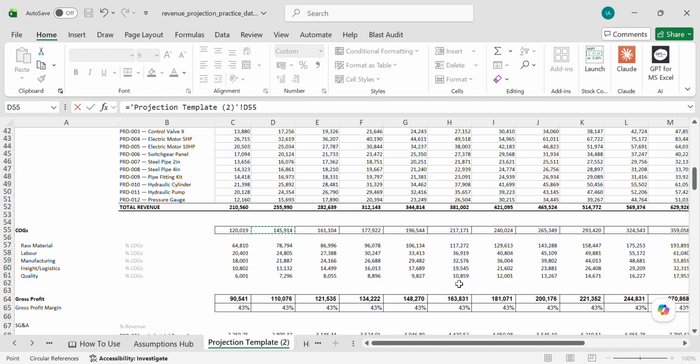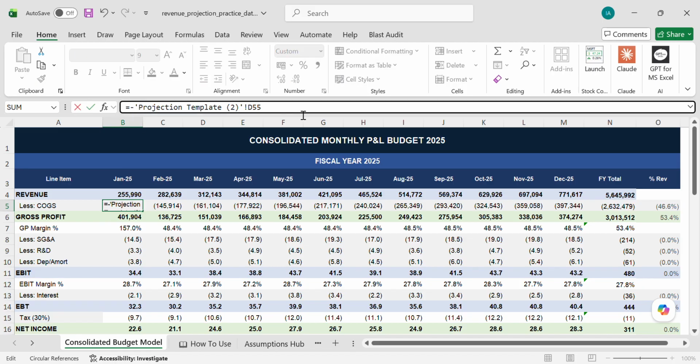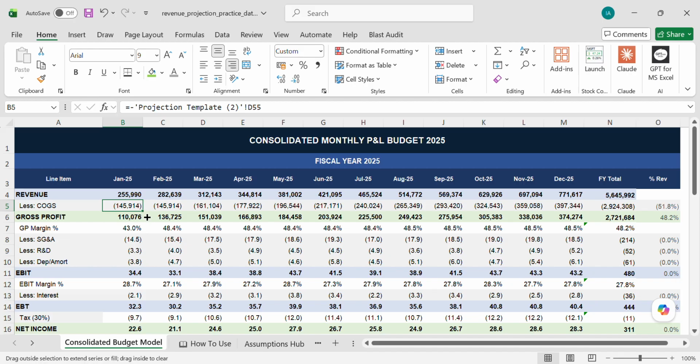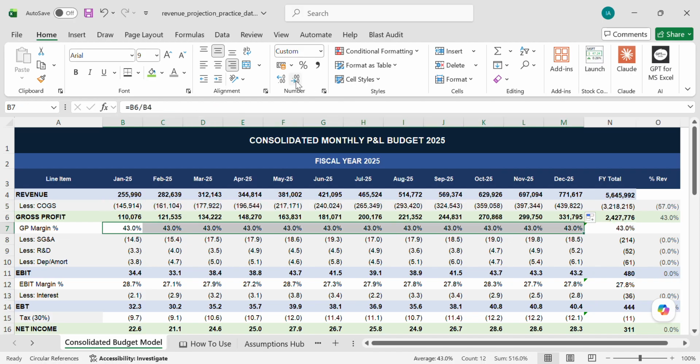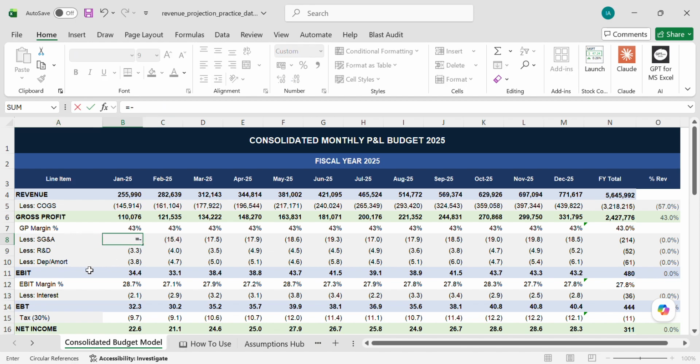Oh, I was picking this instead of this, because the minus sign is just negative. Good for the 3. Am I making sense? Good. You can see that we maintain the 43%.